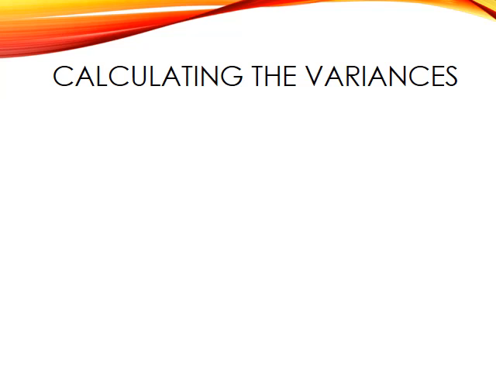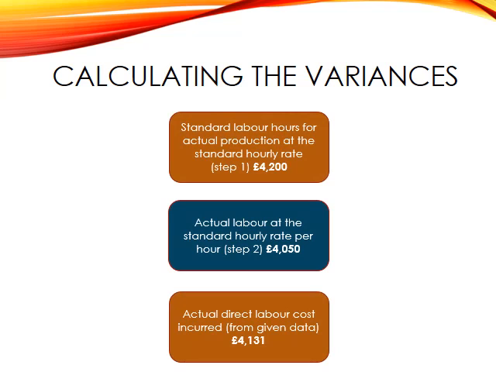Now we've calculated all of our numbers, we can calculate the variances. Well, my standard labour hours for actual production at the standard hourly rate, we calculated that to be £4,200. We also calculated the actual labour hours at the standard hourly rate. That was £4,050.